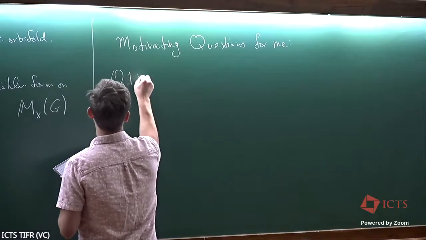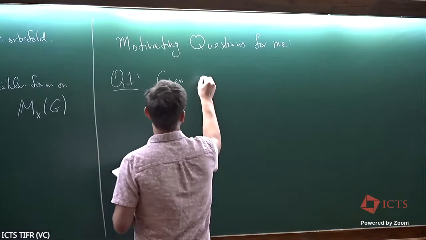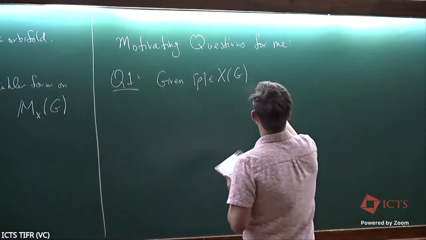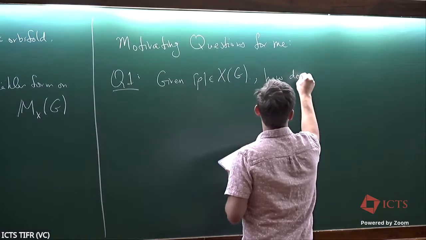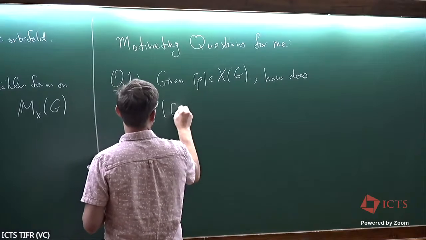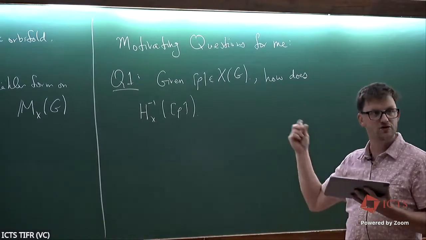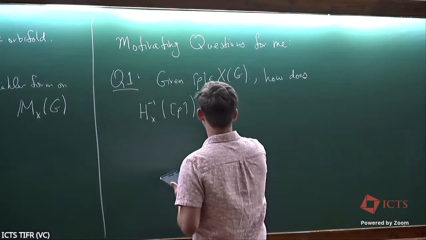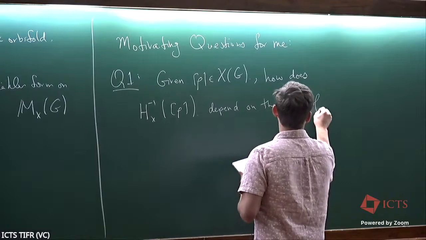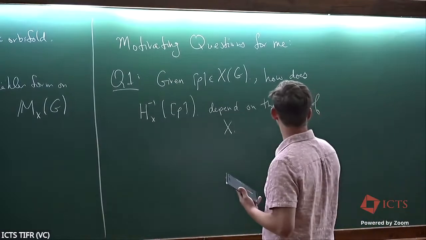A question I've always really wanted to understand is the following. Given a representation of the fundamental group, how does the associated Higgs bundle, this holomorphic object I've built on a Riemann surface associated to my representation, depend on the choice of X, namely the Riemann surface?